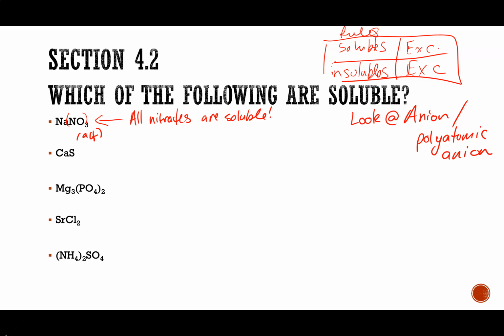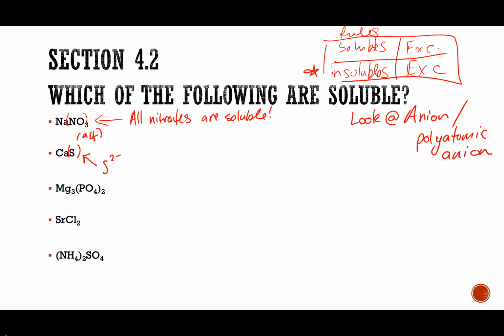All right, next up I've got calcium sulfide. I want to look up the anion S2- according to the periodic table and where it's located. That is the one that we should be looking up, is the sulfur, and it should be a 2- charge. It looks like all sulfides are insoluble, so this is where these sulfides are going to be located on our chart.